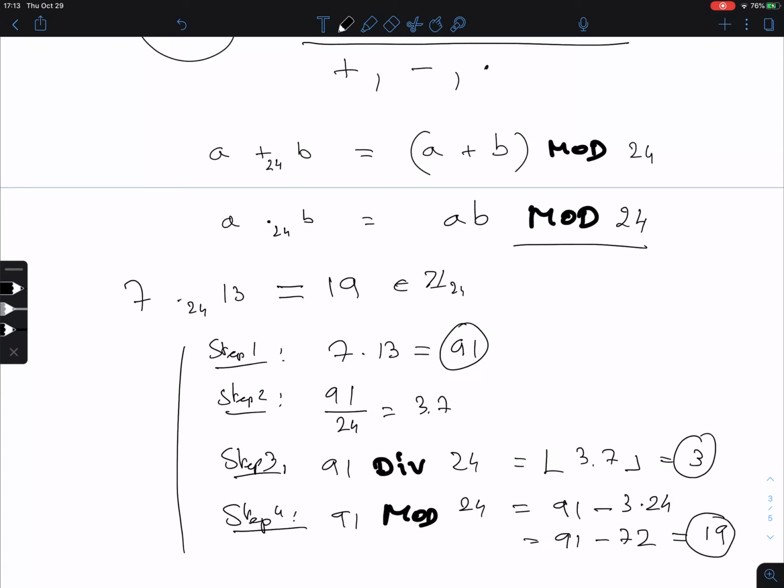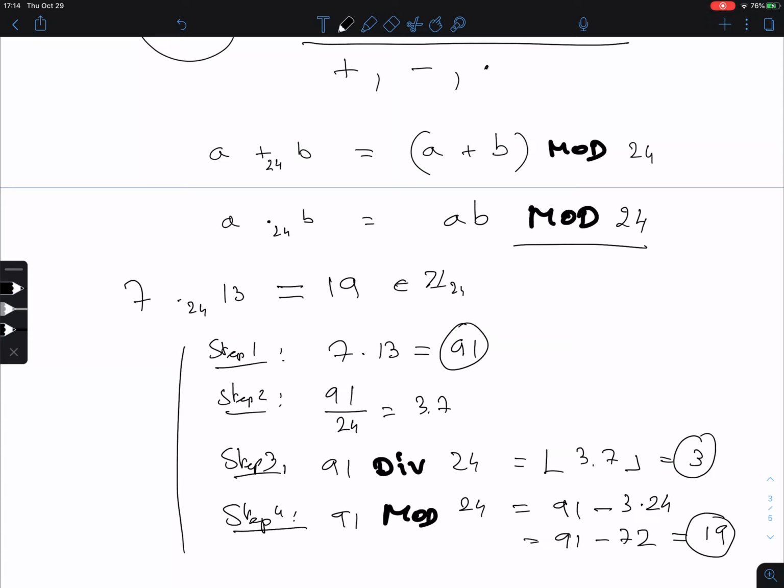But you can later verify it using Wolfram Alpha or one of these online calculators that have this modulo or rem function. You might need to read a little bit of instructions to find out how to do that, but you can use that to verify. But I want you to be able to do this method in the several steps. And if I ask, I want you to show me the steps.